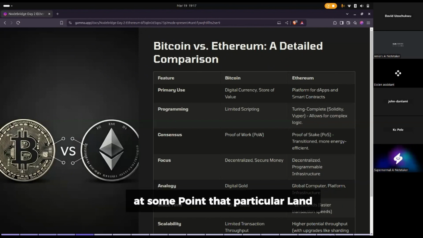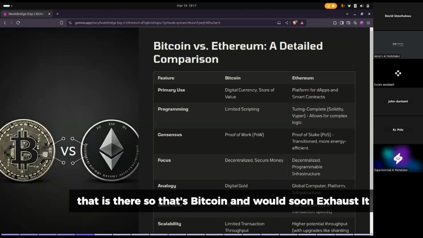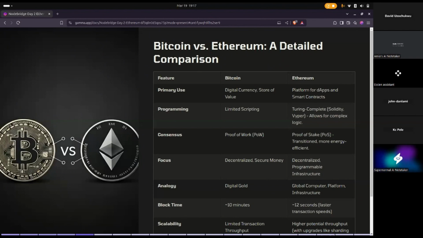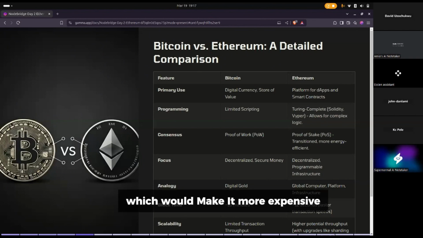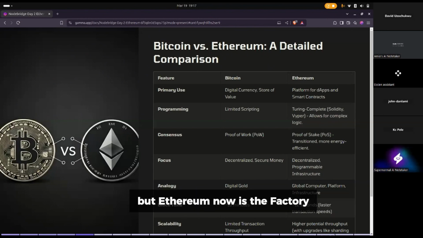At some point, that particular land, you would exhaust all the gold that is there. So that's Bitcoin, and we would soon exhaust it, which would make it more expensive. Please, not financial advice. Do your own research. But Ethereum now is the factory.